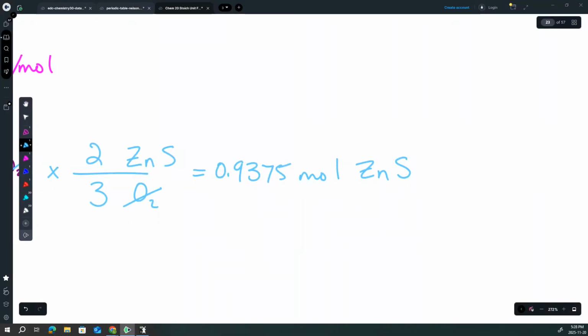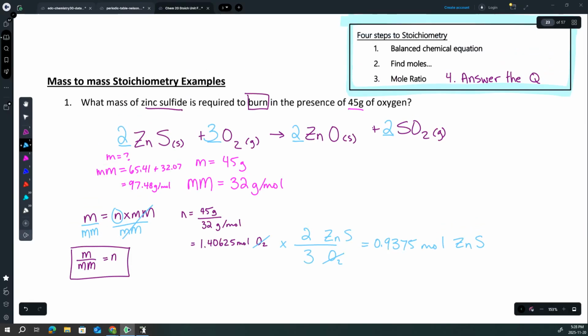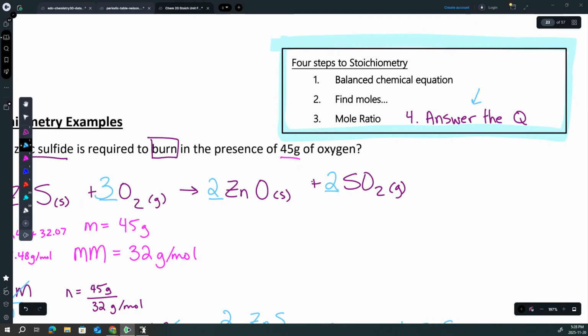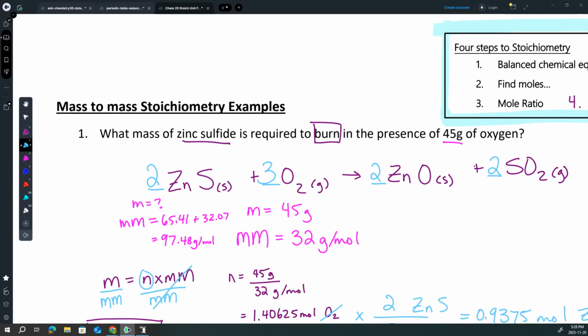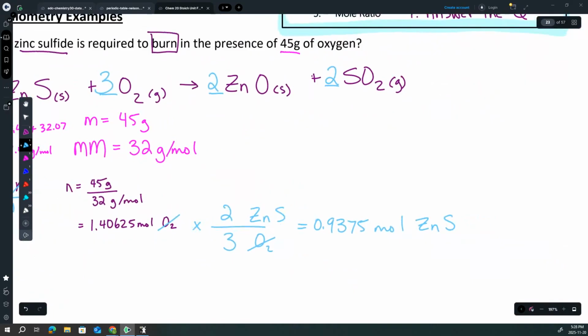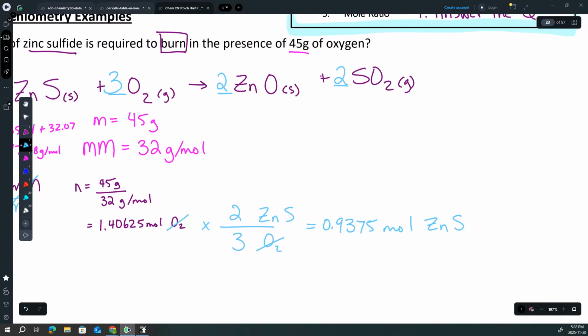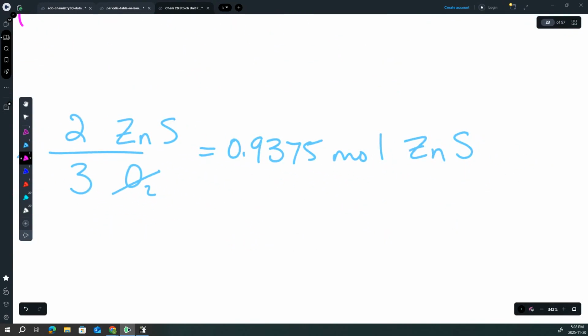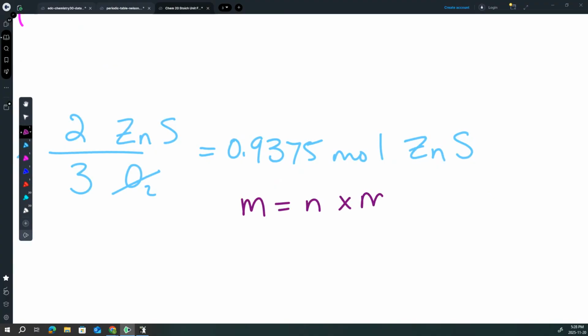All right, now that we have the moles of our wanted, we're on to step 4, which is answer the question. The question asks what mass of zinc sulfide is required. So we need to go from moles and convert that into mass using our molar mass. As a reminder, the formula I'm using is mass is equal to moles times molar mass.